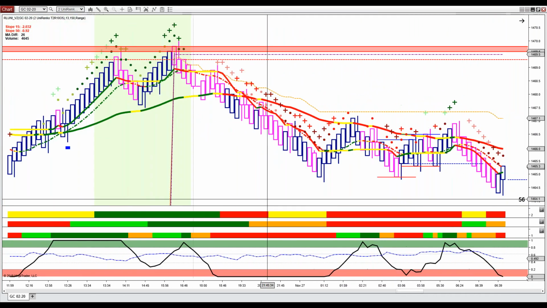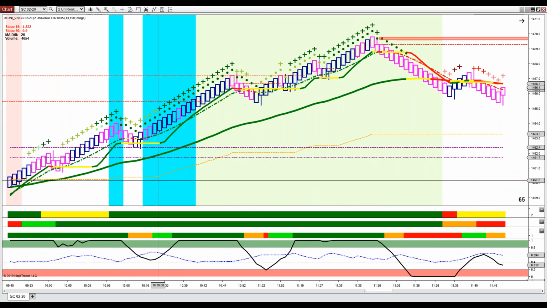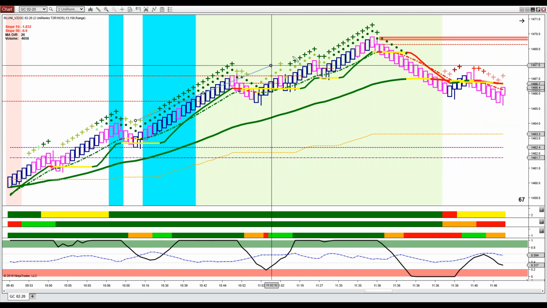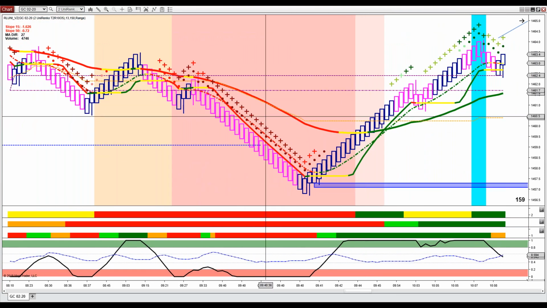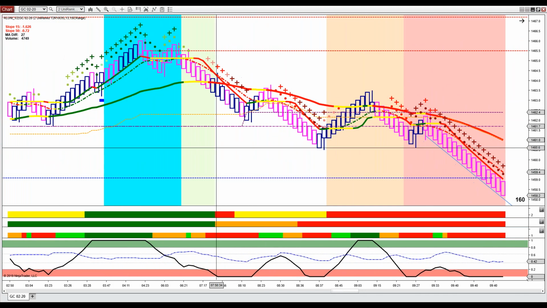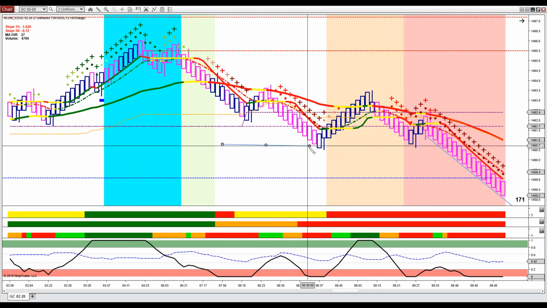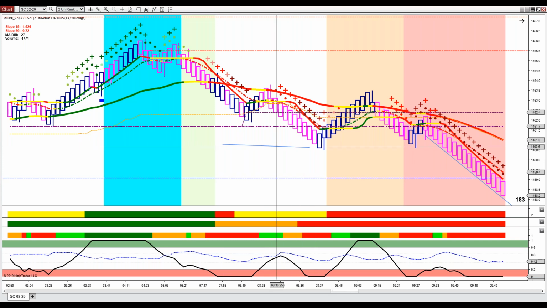Let's move over. And this is a terrific move up right here. And look at that move down. Now, when the area is clear and there's no multi-time frame alignment and trend, we're not going to trade.